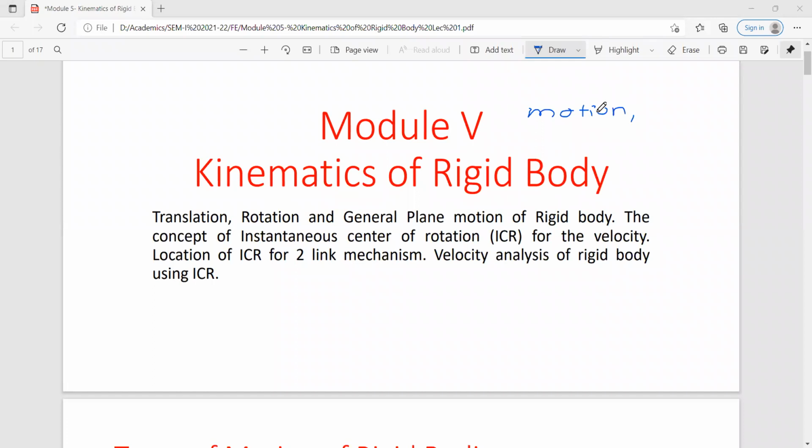So we are interested in motions of the body and not interested in forces which are causing this motion. We are not bothered how much force will be required in order to cause the particular motion.